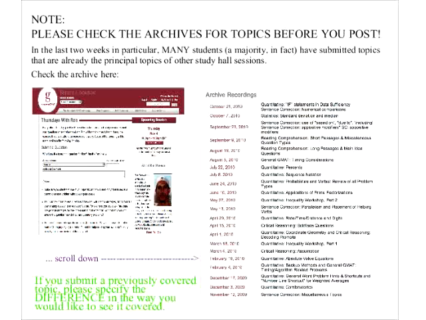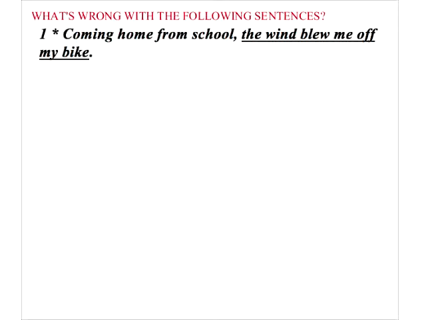All right, let's take a look at the following. Who knows what's wrong with the following? It says sentences because there are more than one on the slide, but right now you can only see one. Text box, please. Who knows what is wrong with the sentence on this slide?